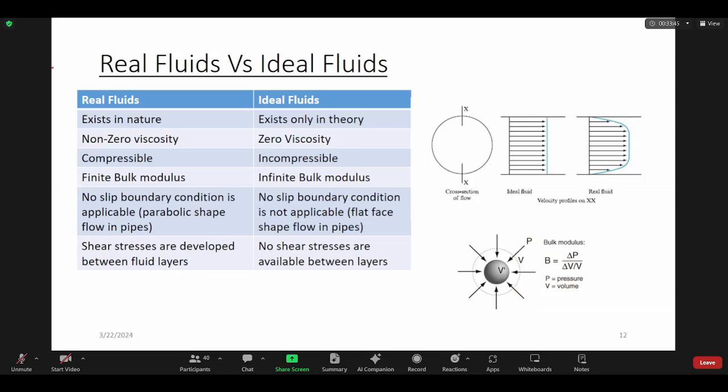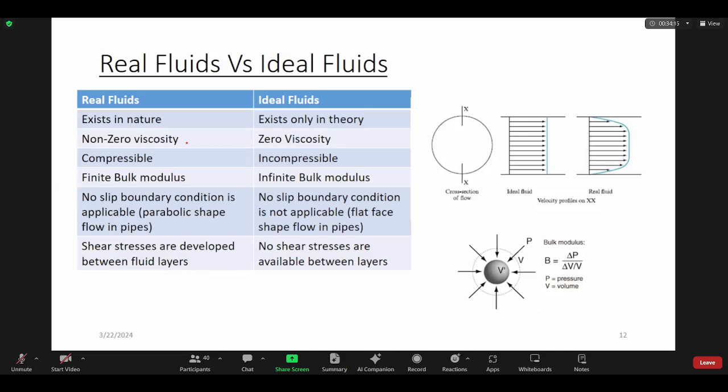Real fluid means we can get it naturally, it is an existing thing. Ideal fluid means we can't find it, because it has no friction and its viscosity is very low, meaning zero or very close to zero.